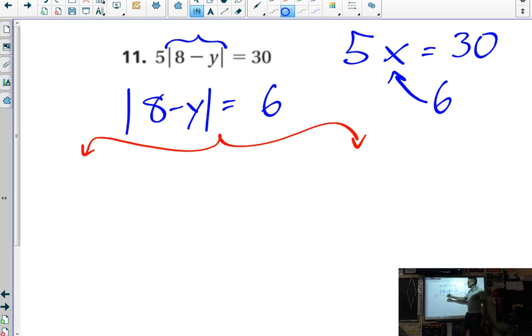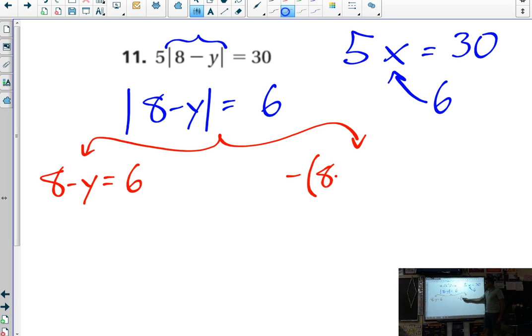This 8 minus y might have just been 8 minus y, and that equals the 6. Or the 8 minus y might have been the opposite of what I thought it was, and that equals 6. Absolute value equations, or inequalities, are oftentimes going to have 2 solutions.